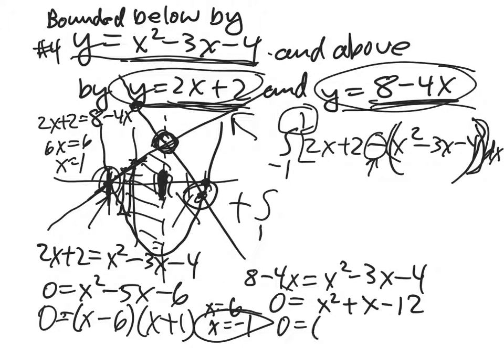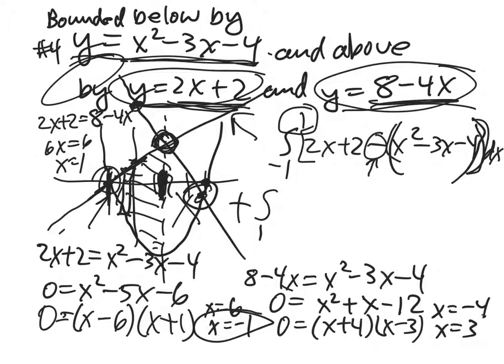And let's see, that one +4 and -3. So x equals -4. Well, that again would be this one way over here, which we don't need. And then x equals 3 is the one we do need. So second integration will go from 1 to 3.